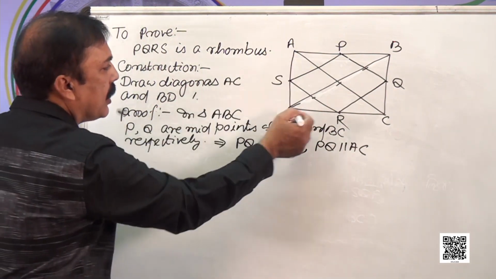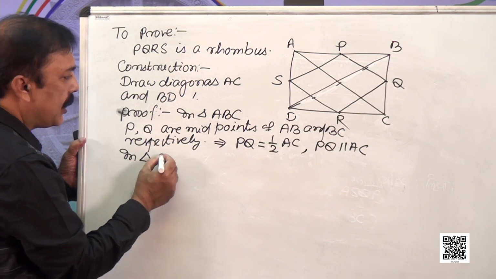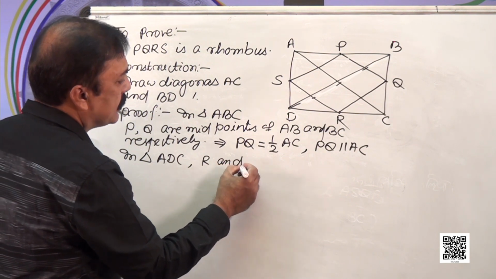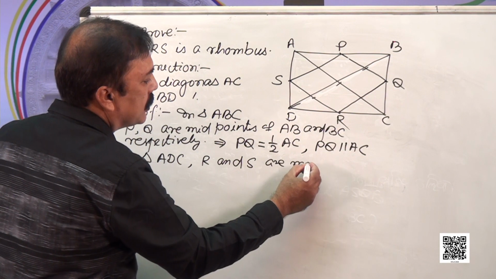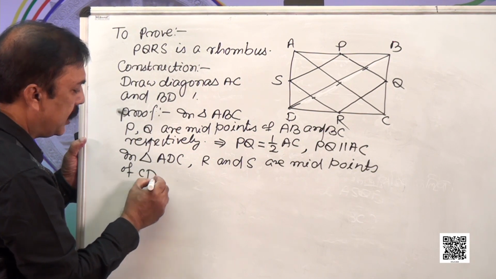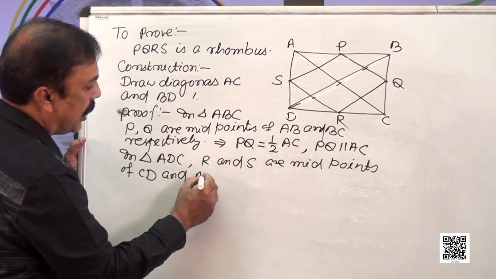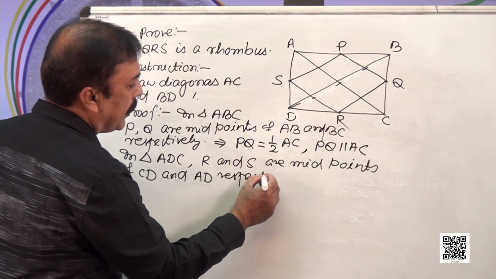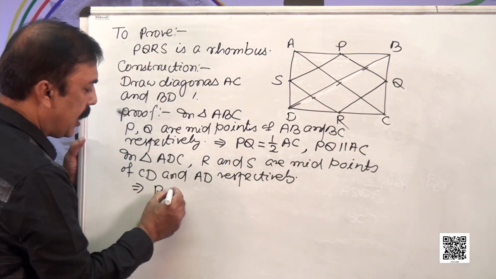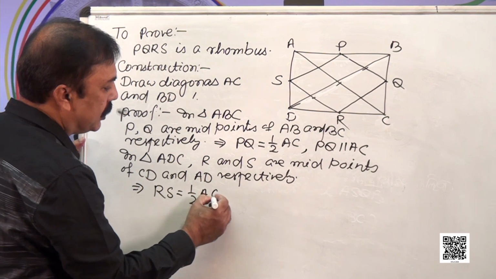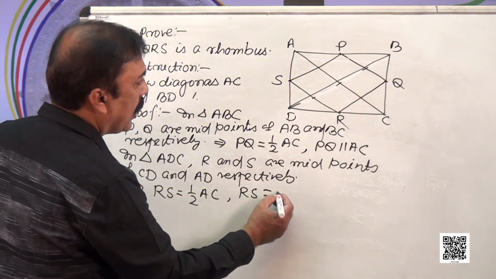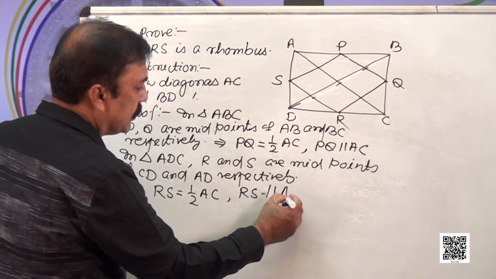In triangle ADC, R and S are midpoints of CD and AD respectively. These two are midpoints. This shows that RS is equal to half of AC and RS is parallel to AC.